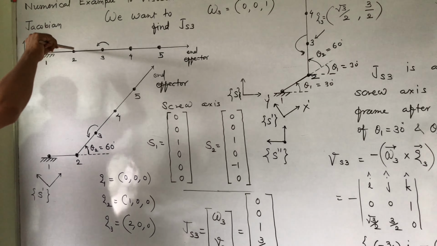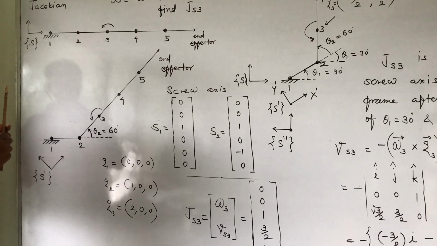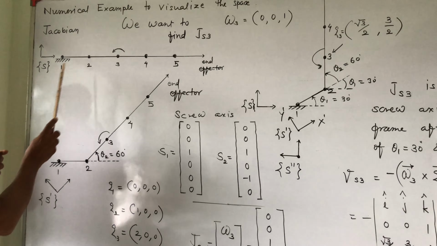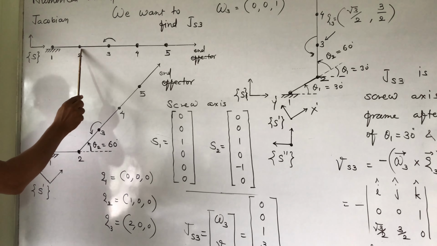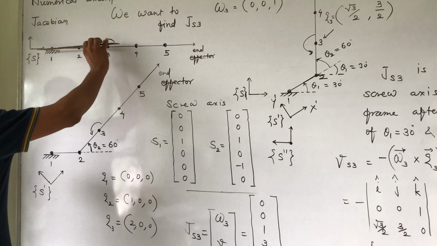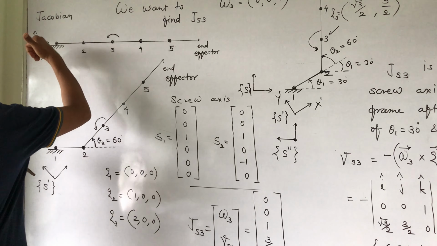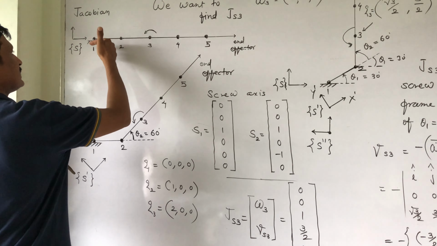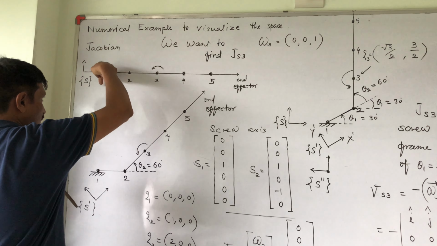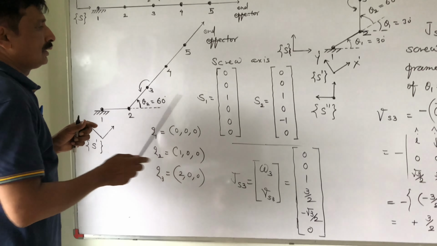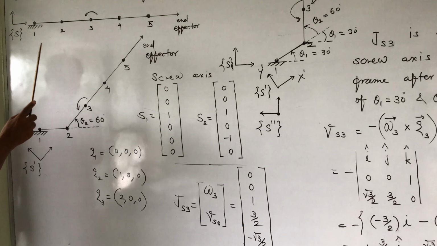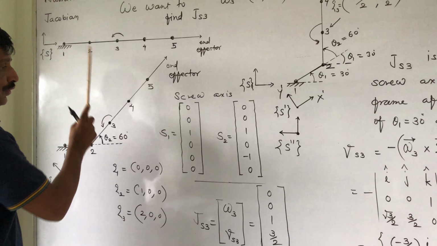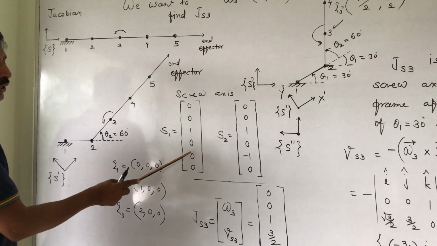Now for S2, if we consider the rotating axis here, and body origin is here at a distance of 1 unit, this one is the position vector r and this one is omega. So omega cross r gives velocity downward, in the y direction with a minus sign. For this joint, there is no velocity.